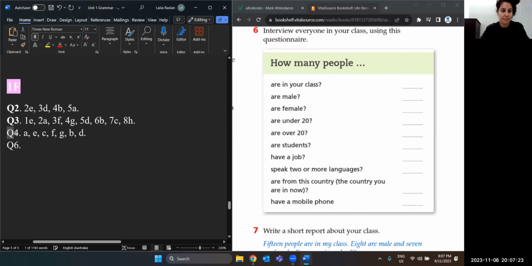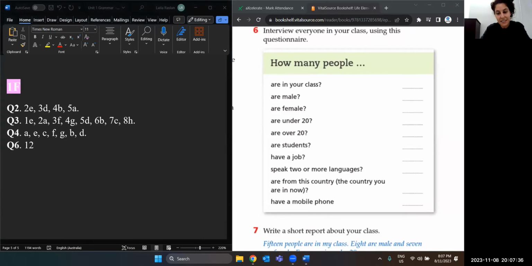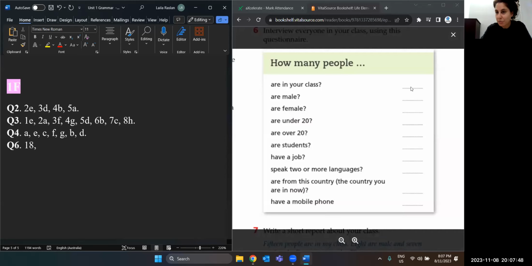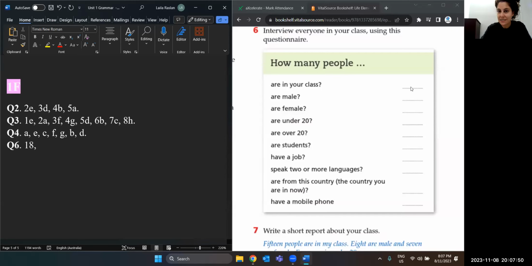For today, and don't forget, how many are on here? 12. And online we have, because they're still in class, we can't forget, 6. So 18. We have 18 people, so you can put that number here in our class.